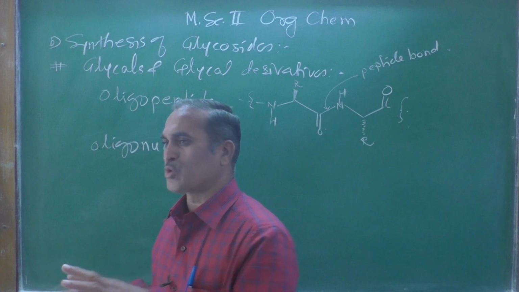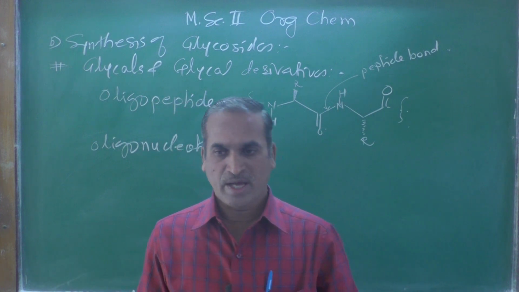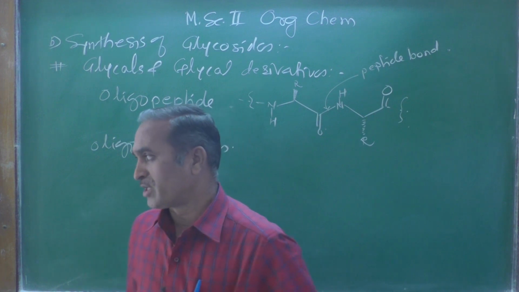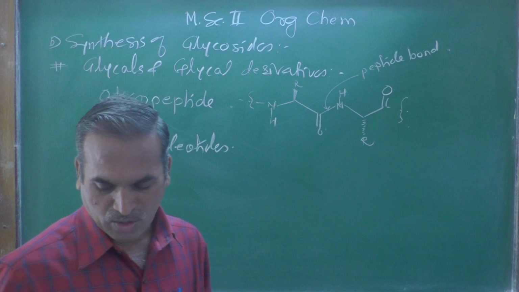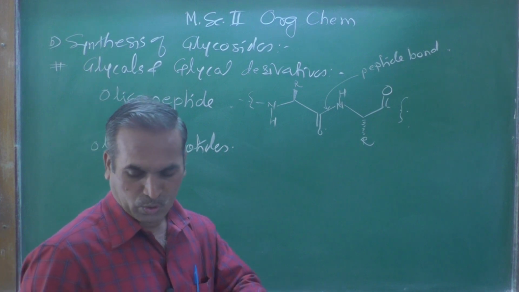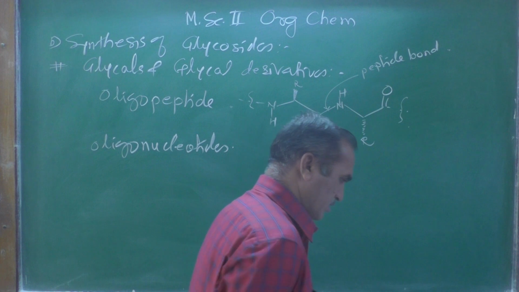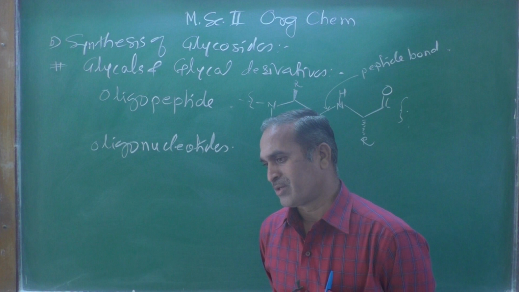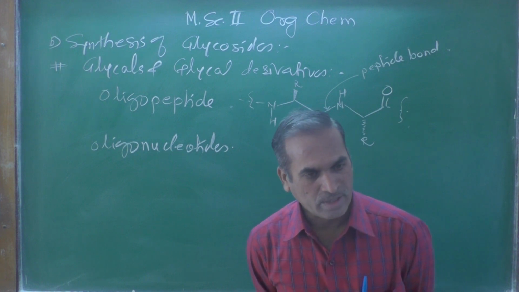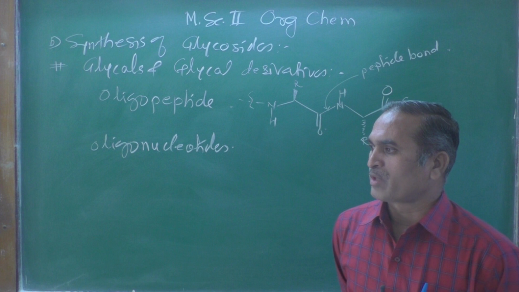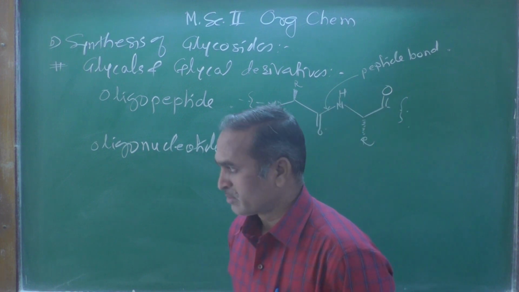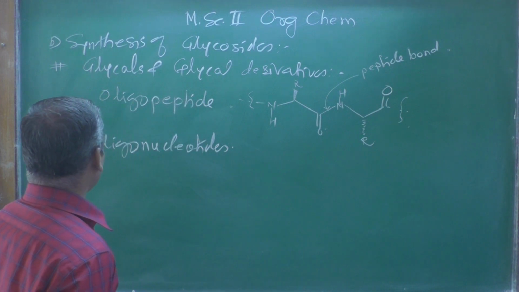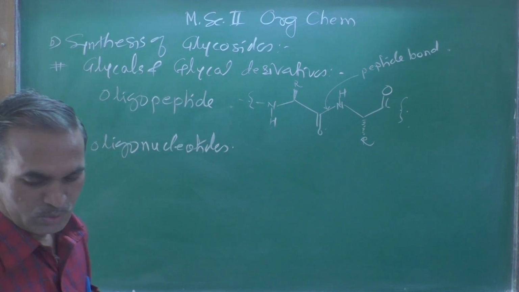That type of thing is called nucleosides. And nucleotides means a phosphate linkage is observed, and that's why we can call it oligonucleotides. This type of concept we already studied while discussing protection and deprotection in section number 1. So let's see oligonucleotide.